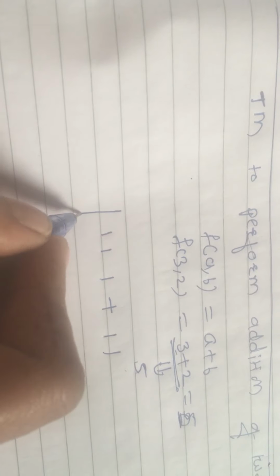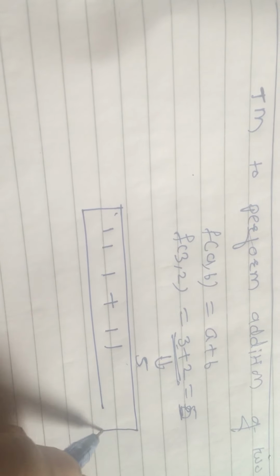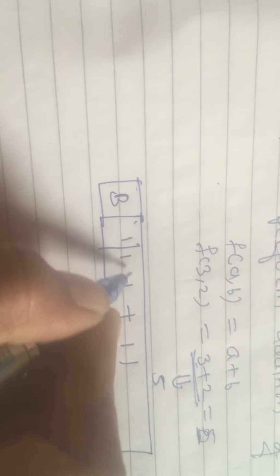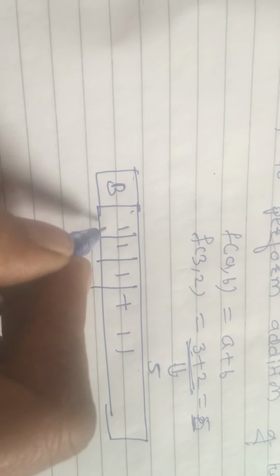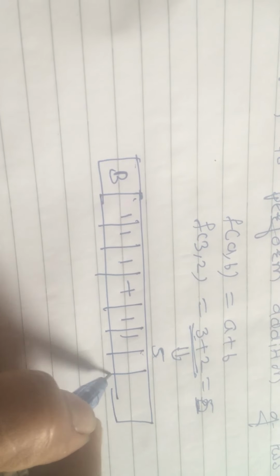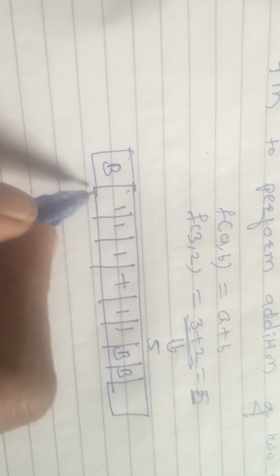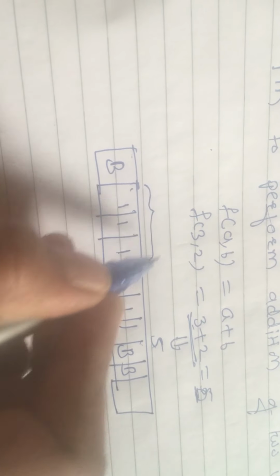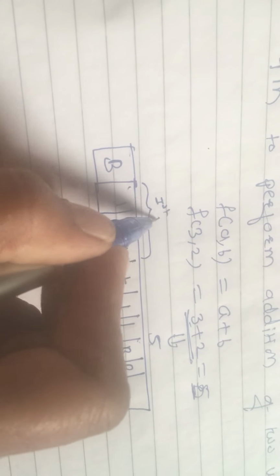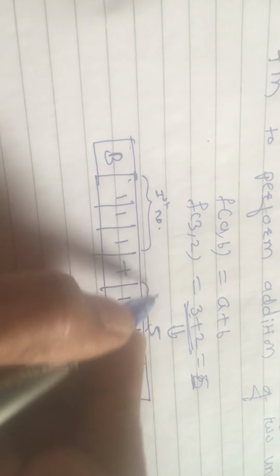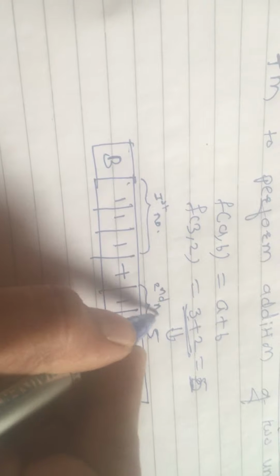Now consider here the input tape. Here we store the first number, then plus sign, then the second number.